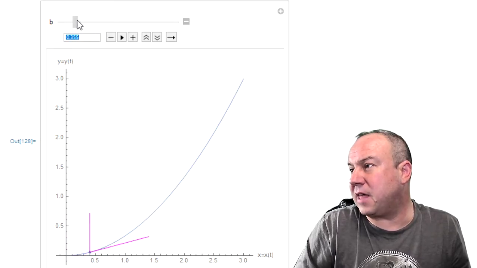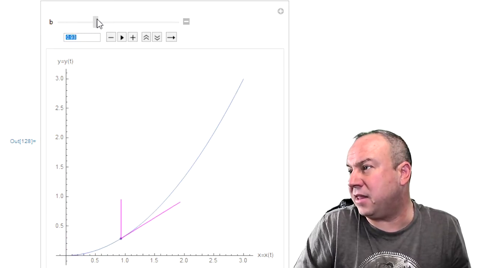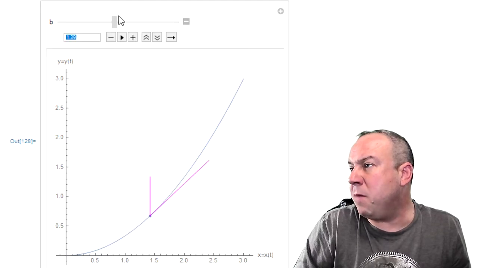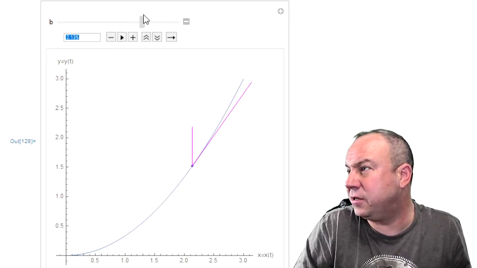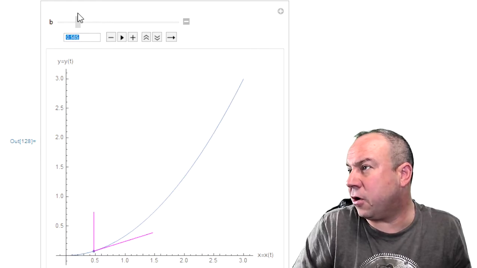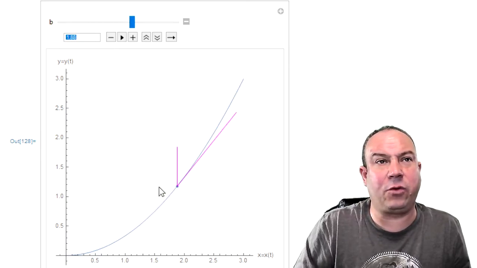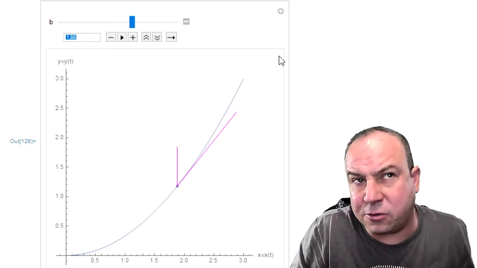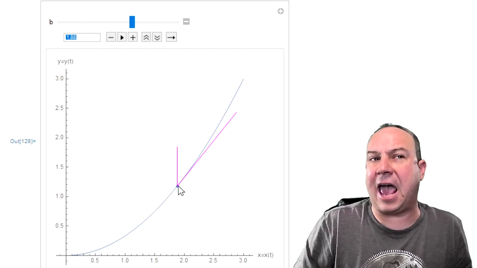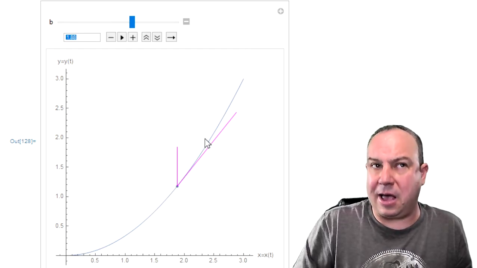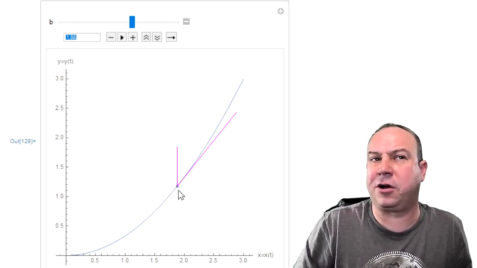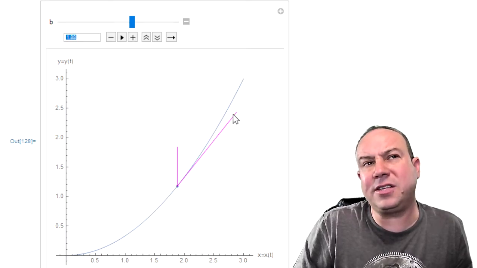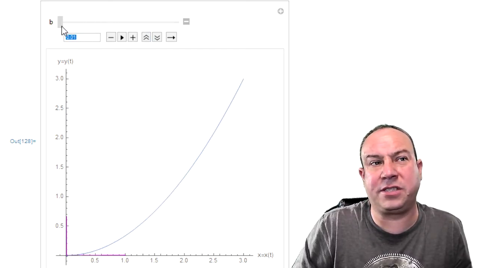You can see that the velocity vector remains tangent to the curve at every single point along that curve. The velocity vector is indicating the direction of forward motion at that point and occurs tangent to the curve at that point.